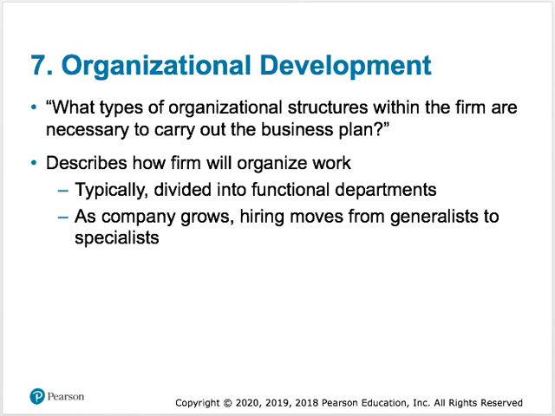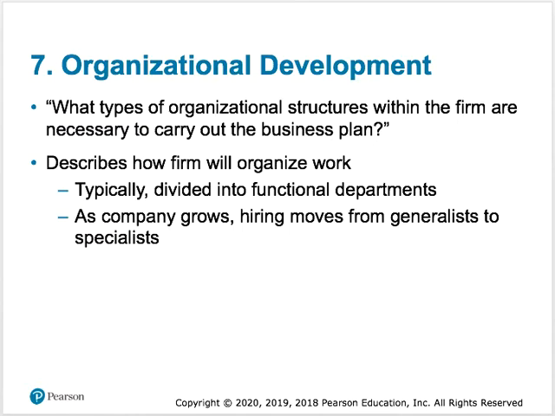Many e-commerce firms and the traditional ones that attempt an e-commerce strategy have failed because they lacked the organizational structures and supporting cultural values required to support new forms of commerce. Typically, work is divided into functional departments.